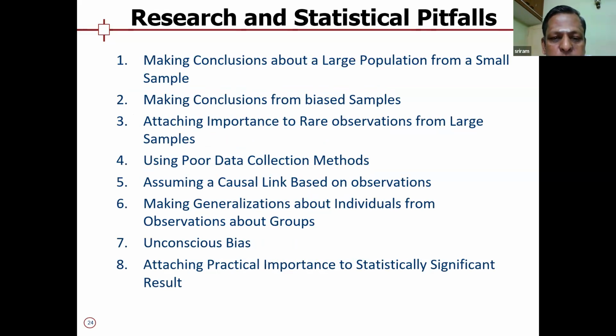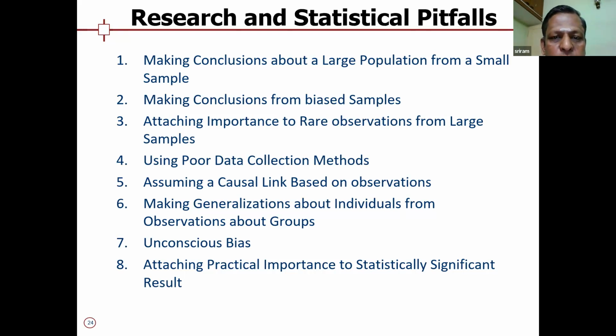Usually research people should not make conclusions about a large population from a small sample. For everything, you should derive a sample size. Sample size is very important. And sometimes you don't get enough samples, so you should not generalize to a bigger population.